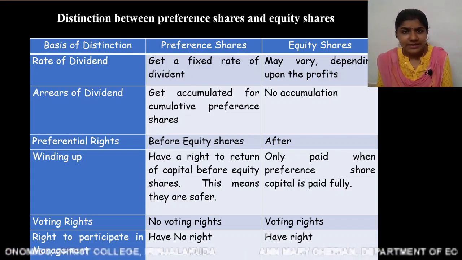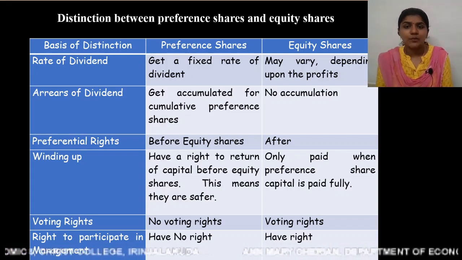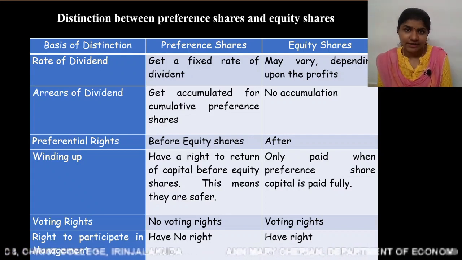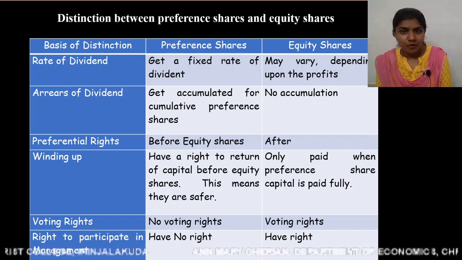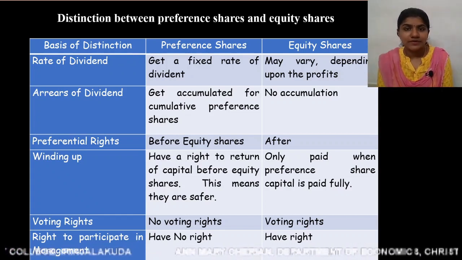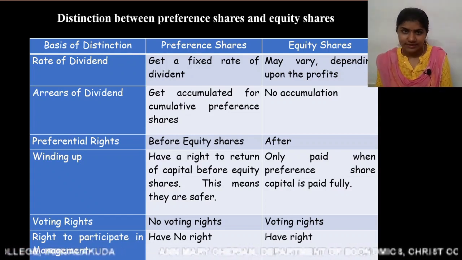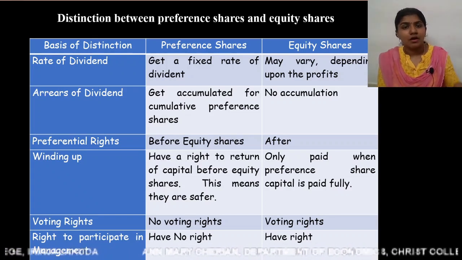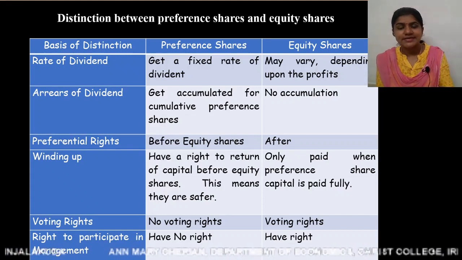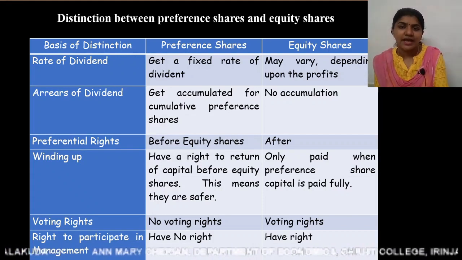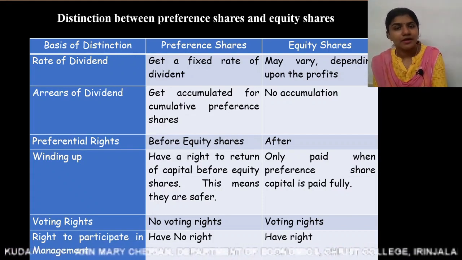And if the company is incurring a loss, then equity shareholders may not receive any dividend. And if the company is making a low profit, then equity shareholders will receive only low dividend. So, preference shareholders get a fixed rate of dividend, whereas dividends on equity shares vary from year to year.